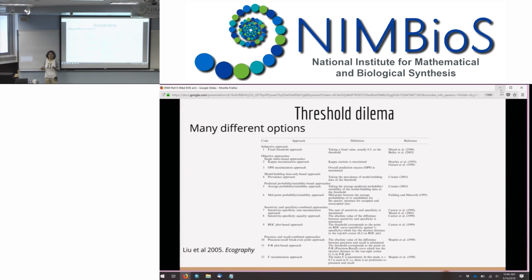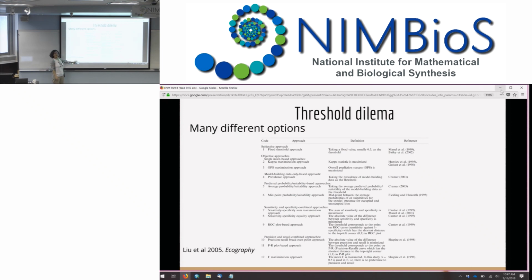Okay, so I said the simplest way of thresholding the models is to say, okay, I want at minimum all the training data that were used to build this continuous probability of suitability or presence, all those training data to be predicted present, so I use the lowest presence threshold.